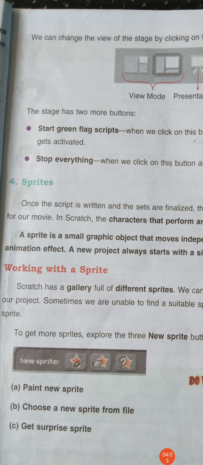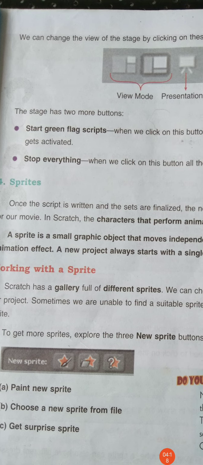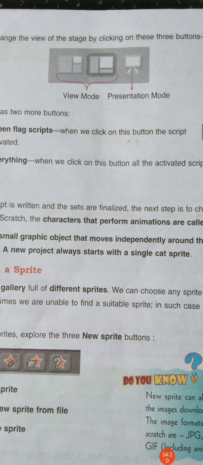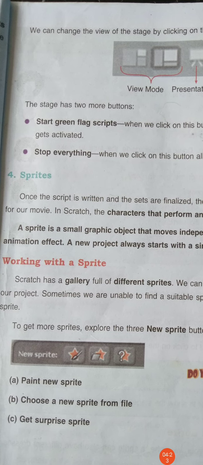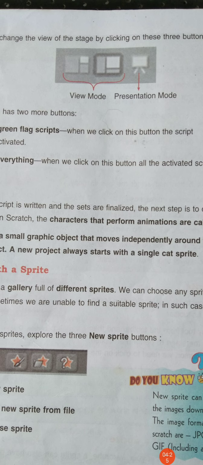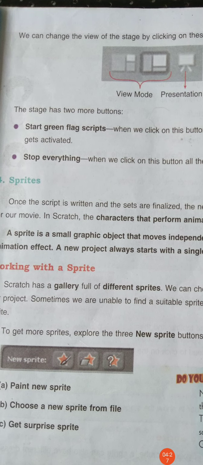The stage also has two more buttons: the start green flag script button and the stop button. As you have seen, there is a green flag and a red stop button. What is the function of these?